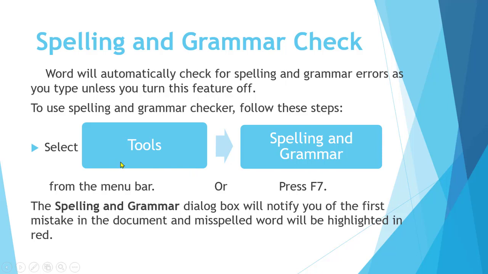By selecting Tools menu and then clicking on the spelling and grammar check option from the menu bar, or simply pressing F7 key. Now the spelling and grammar dialog box will notify you of the first mistake in the document, and misspelled word will be highlighted in red color in the dialog box.